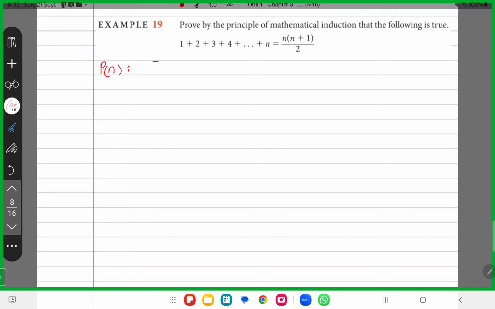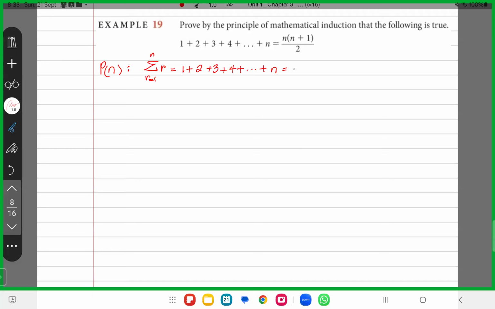We're being asked to prove that the sum of the first n counting numbers, represented in sigma notation like this, which is 1 plus 2 plus 3 plus 4 all the way to n, would be equal to n into n plus 1 all over 2.